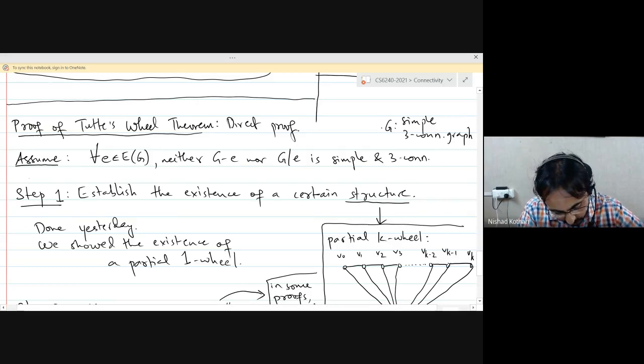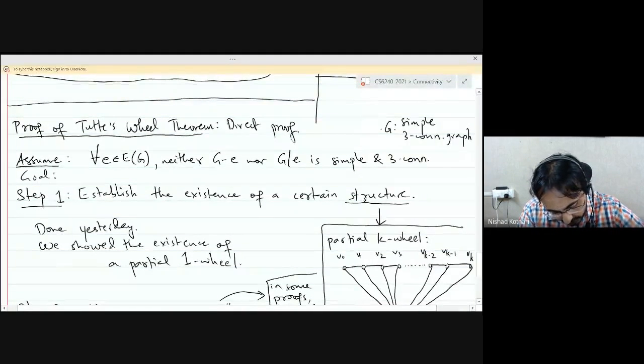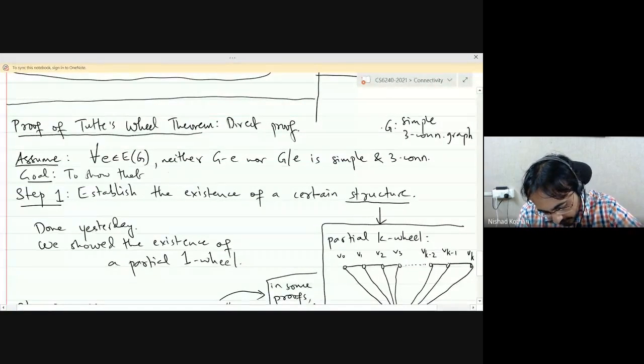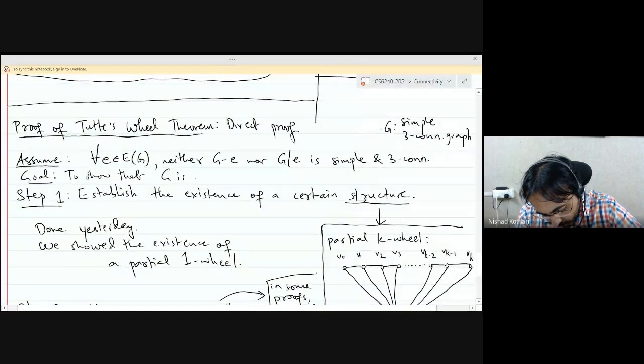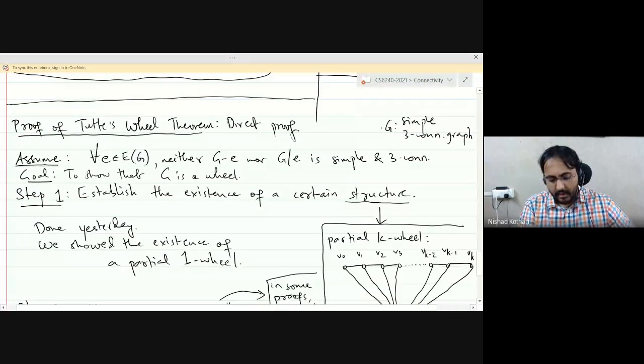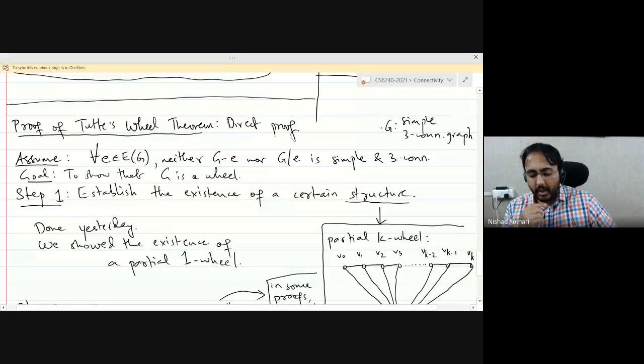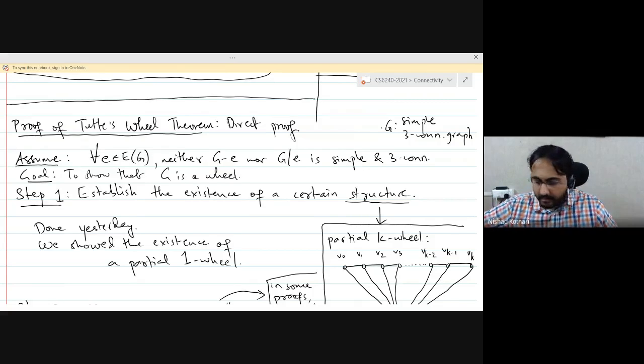So let me just put down the goal here. Goal is to show that G is a wheel. Okay, that is the only case in which all edges are bad edges. They cannot be deleted or contracted to maintain the two properties, three connected and simple. Okay.